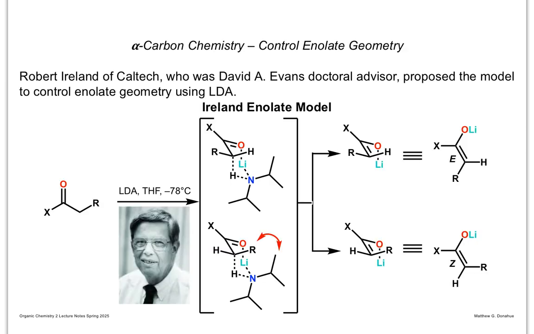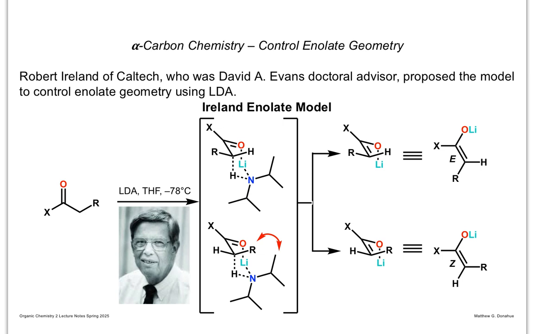So to dive a little bit deeper into this, and again, this is more for your knowledge, to show you how the thought process has evolved in controlling the number of stereoisomers. I mentioned David Evans in a prior lecture, and his doctoral advisor was Robert Ireland.